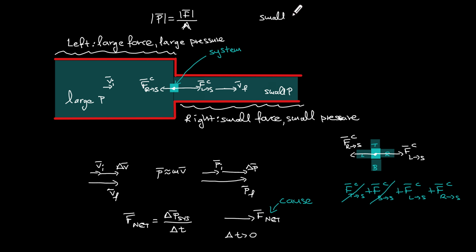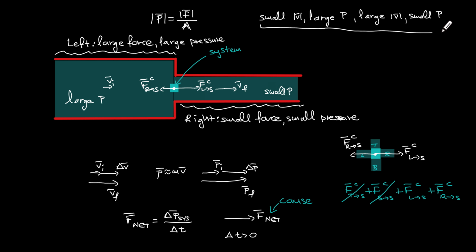So when you hear about the Bernoulli effect, it means you have a small speed, large pressure, and when the speed is large, you end up having a small pressure. And using Newton's second law, I explained how you can prove that the pressure here is large and the pressure here is small. And this over here is what we call the Bernoulli effect.